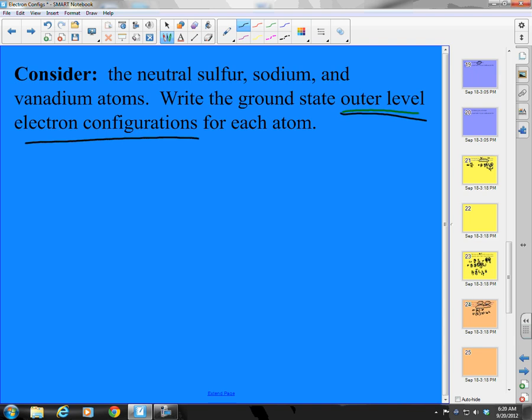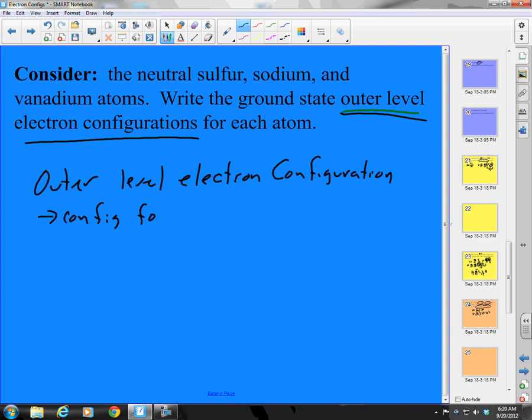So what are outer level electron configurations? Let's define these first. Outer level electron configurations are the configuration for the electrons farthest from the nucleus.